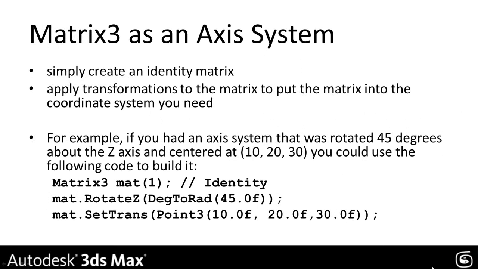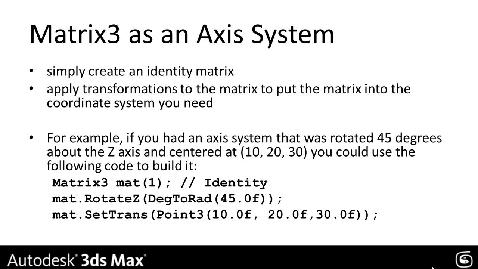Matrix3 can be used as an axis system. You would start by creating an identity matrix, and then apply the transformations to put the matrix into the coordinate system that you need. For example, if you had an axis system rotated 45 degrees around the z-axis and centered at 10, 20, 30, you could use the following code to build it.